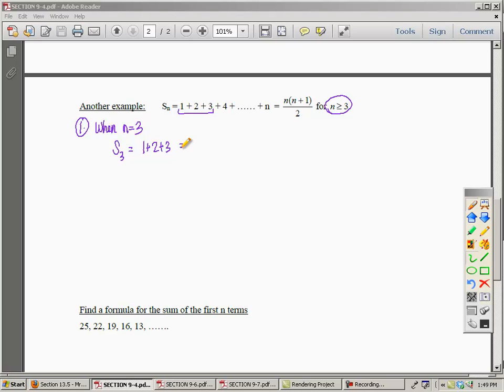What I want to do is show that it equals what I get when I plug a 3 into this side. So 1 plus 2 plus 3 is 6. What I want to know is when I do 3 times 3 plus 1 all over 2, do I get 6? Well, 3 times 4 is 12. 12 divided by 2 equals 6.